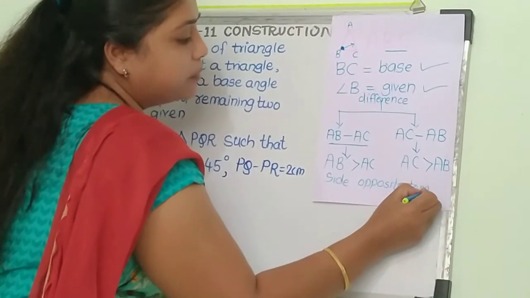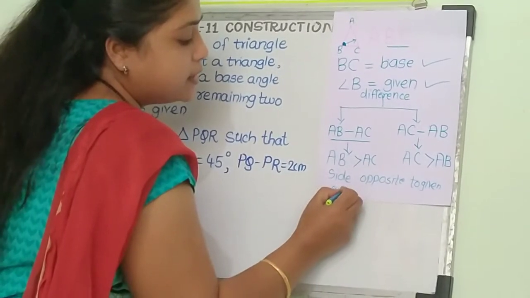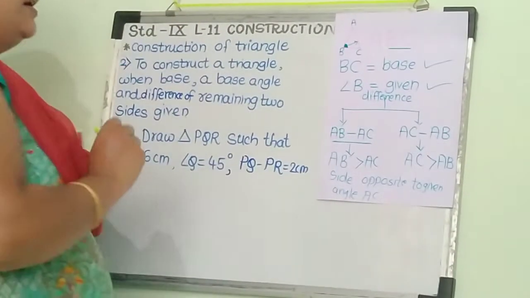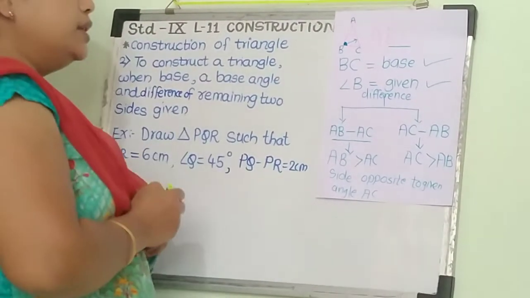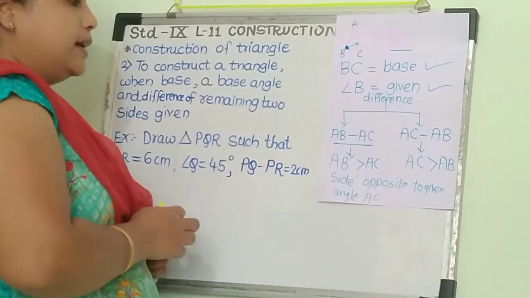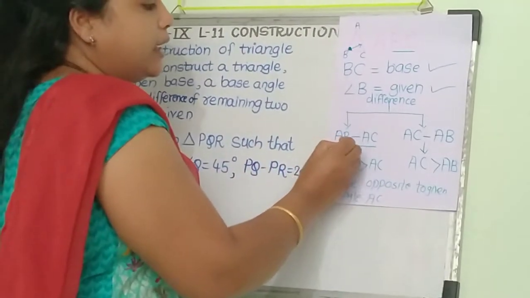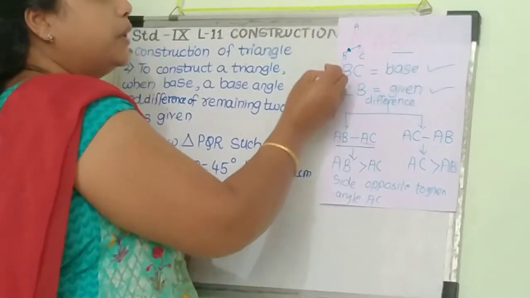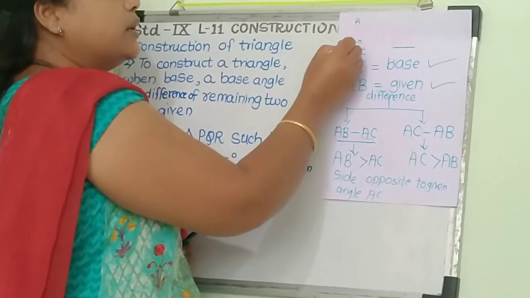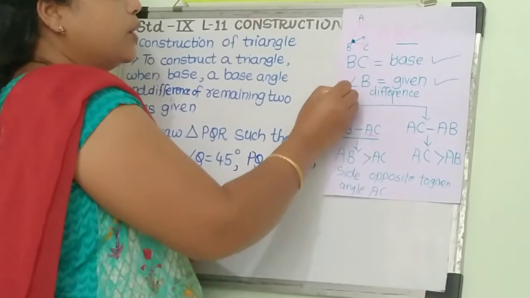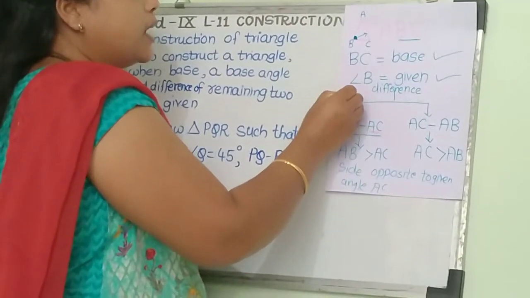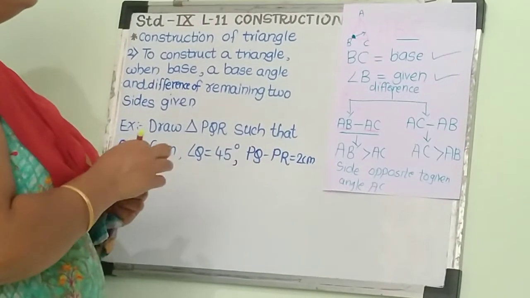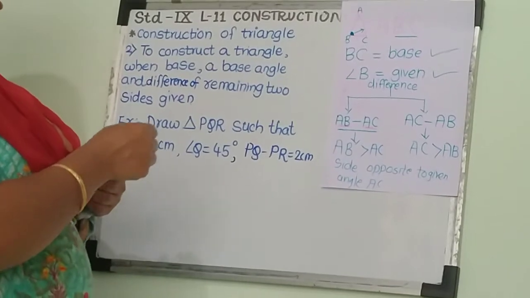It is AC. So when we have given AB minus AC, in which AB is greater than AC, but the side opposite to the given angle is AC, we take the difference upside. We are going to mark that difference upside.